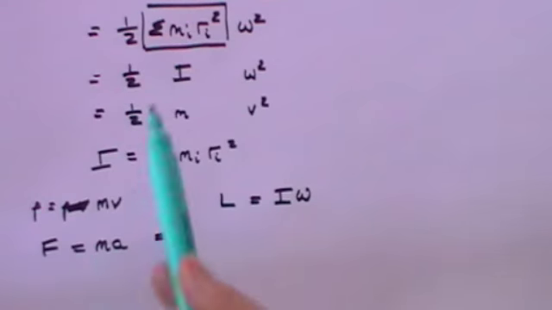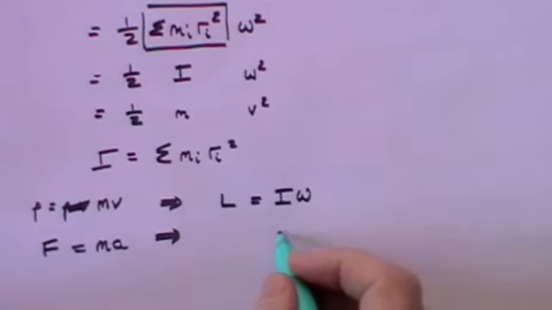Then finally we wanted to know if there was a rotational equivalent to F equals ma. Well, again, the mass has the equivalent of the moment of inertia, and acceleration has the equivalent of angular acceleration.